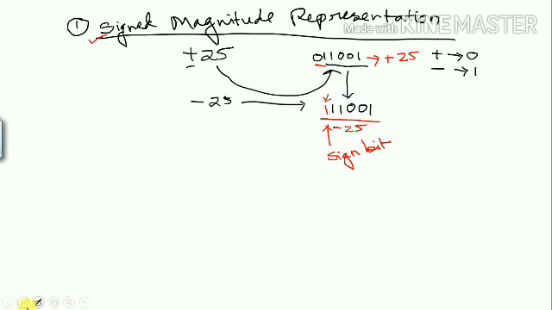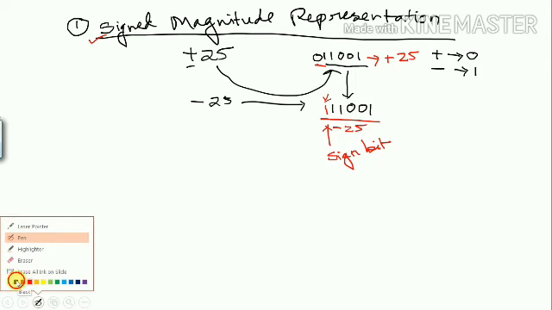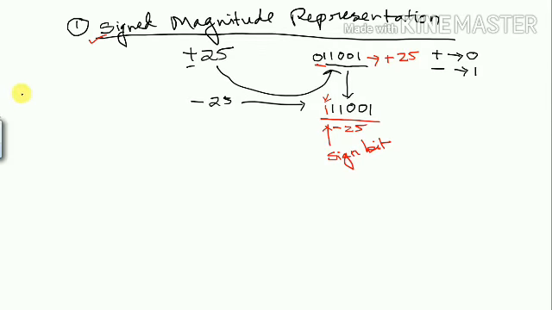Now the second representation method is called the signed one's complement.